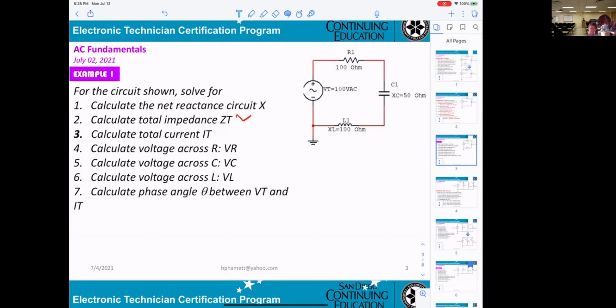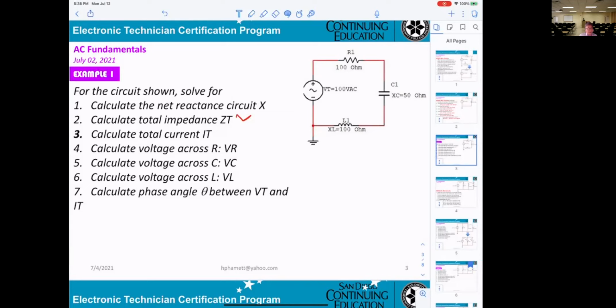Okay? So in order to figure out which one will dominate the circuitry, look for the net reactance, which will be either XC minus XL or XL minus XC, depending on which one is bigger.